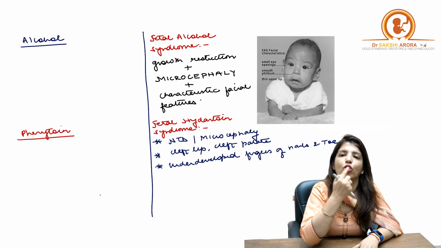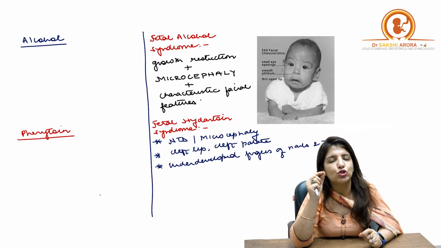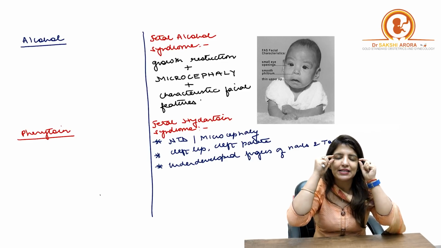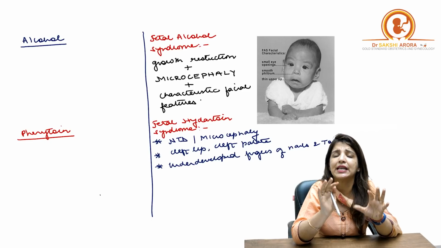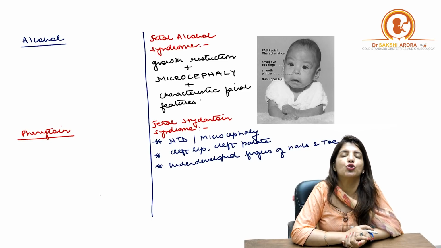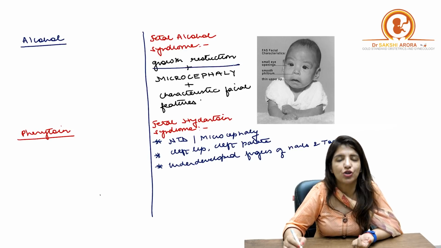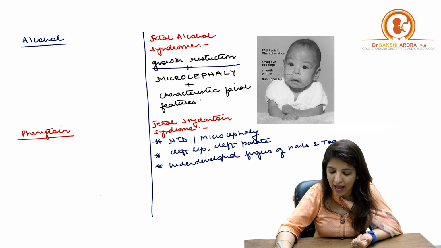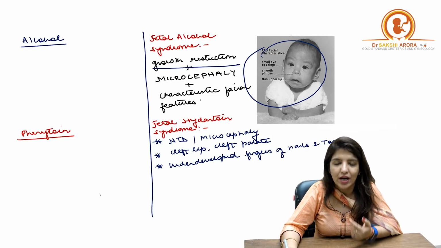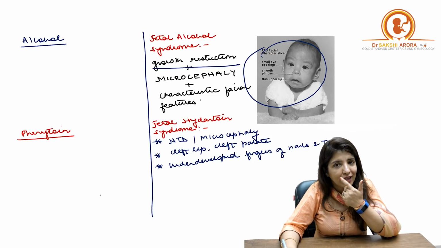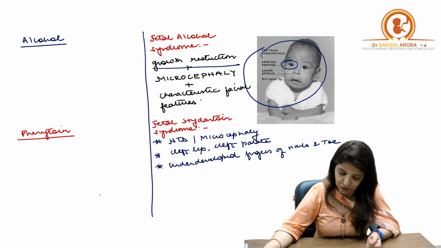The vermilion border of the upper lip is going to be very thin, and the eyes are going to be very narrow, right? So these are typical features seen in babies of mothers who consume alcohol. So you are going to get growth restriction, microcephaly, and these typical findings which include a smooth philtrum, a thin upper lip, and small eye openings, right?